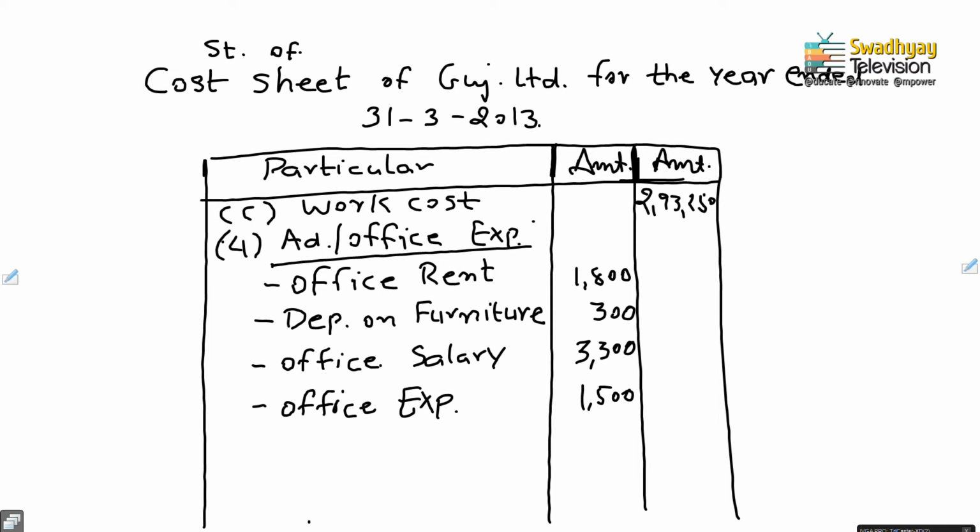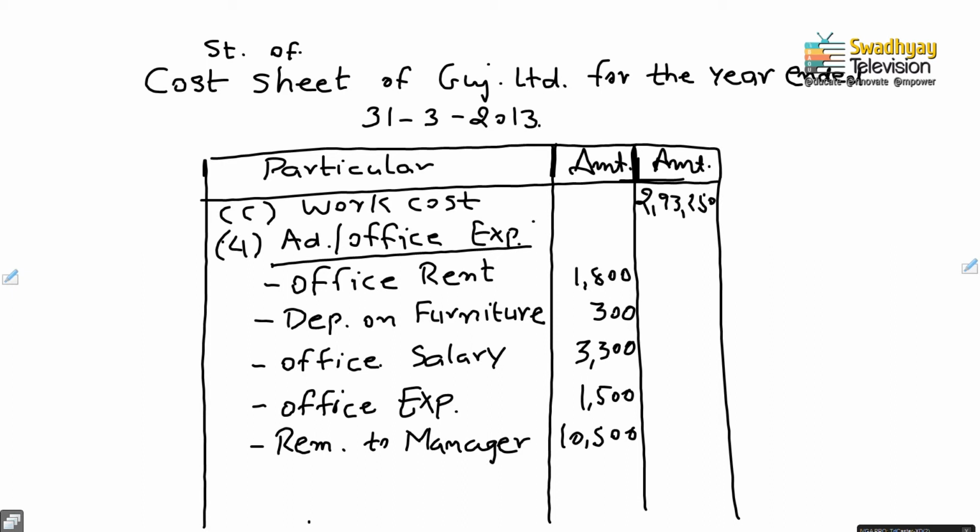One more item, remuneration to manager, and remuneration to manager is very clearly mentioned for office. That means the salary or remuneration paid to the managers who are working in the office, that is 10,500 rupees, but naturally it is recorded under the office expense because it is considered an admin expense and office expense.